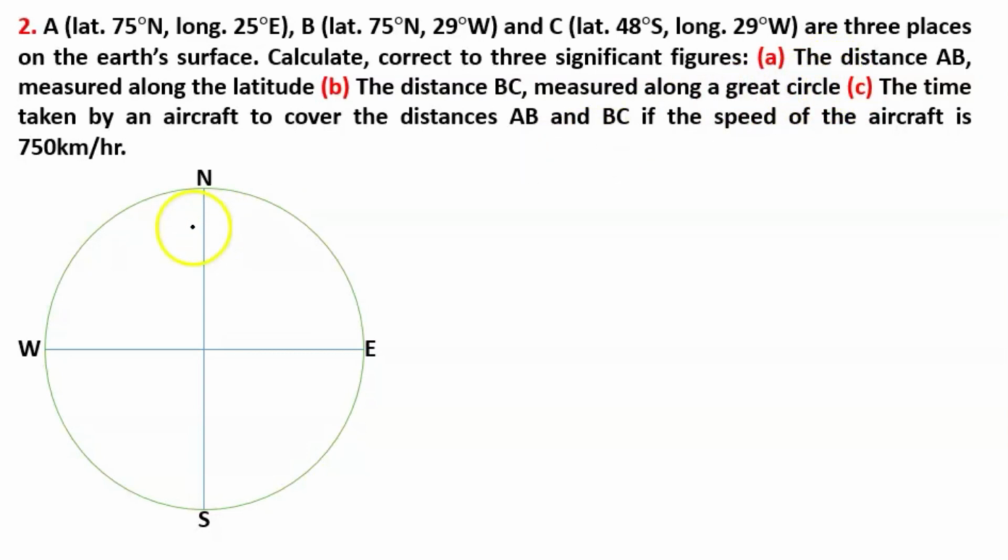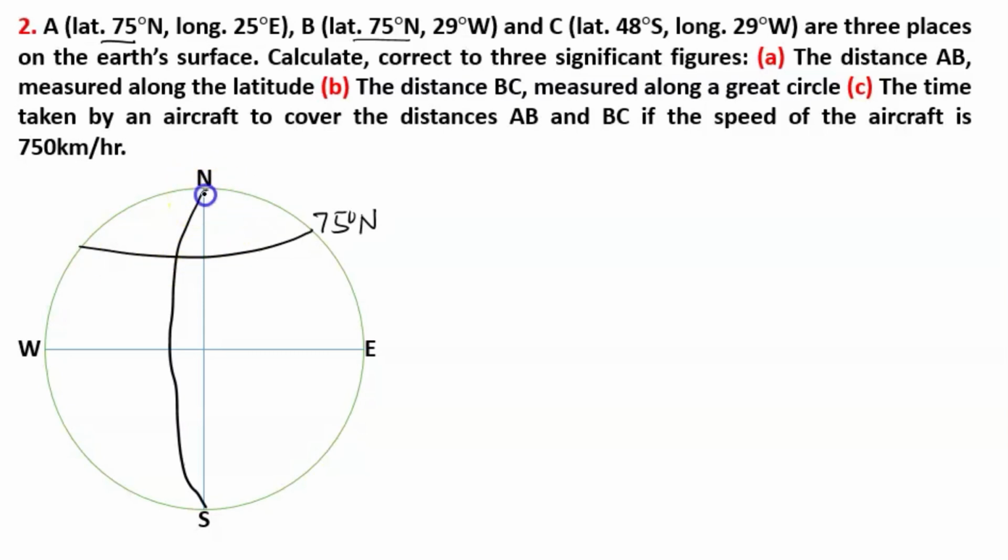All right, so let's get down straight to this. We can see obviously that our latitude is the same. So we have a common latitude towards the northern hemisphere. Let's say this is my latitude of 75 degrees north. So I have longitude. I take my prime meridian. Then I want to locate point A now, which is along 25 degrees east.